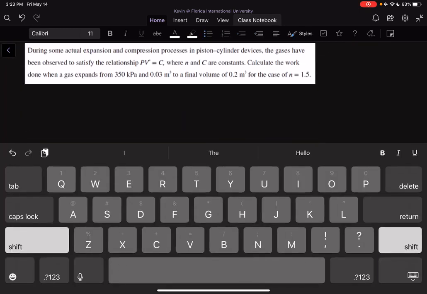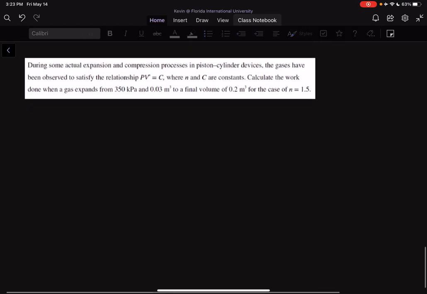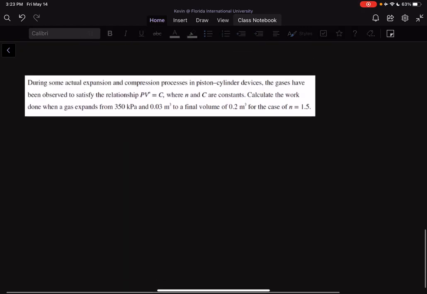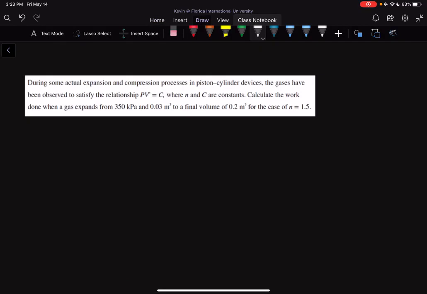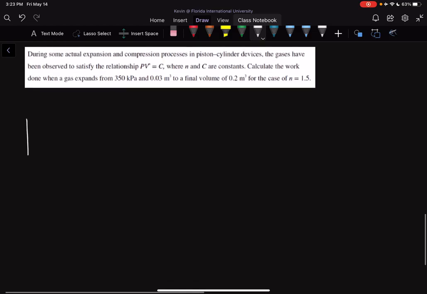Okay, so this next example says, during some actual expansion and compression processes in piston cylinder devices, the gases have been observed to satisfy the relationship PV to the N is equal to C. So we're told that experiments have been done and people have seen that in piston cylinder devices, gases have been observed to satisfy the relationship PV to the N is equal to C. Okay, that looks a little bit familiar, right? And it tells us that N and C are constants.